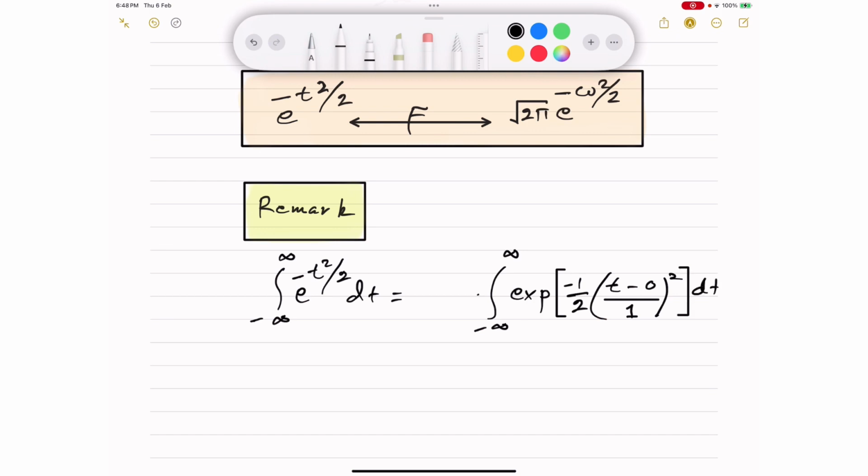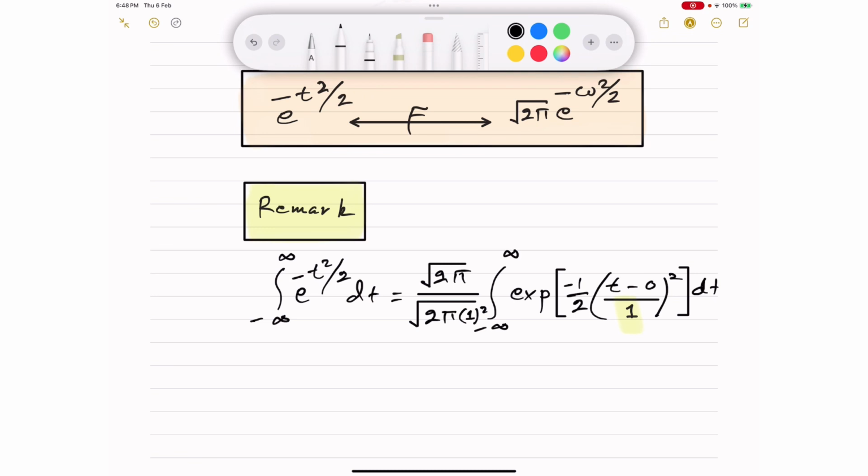And outside, I will divide by the square root of, and I'll tell you why in a minute, 2 pi, and I'll take that 1 here and square it and put it here. So this is 1 squared. With that, I have divided by the square root of 2 pi, so I have to multiply by the square root of 2 pi so that I don't change the whole value.